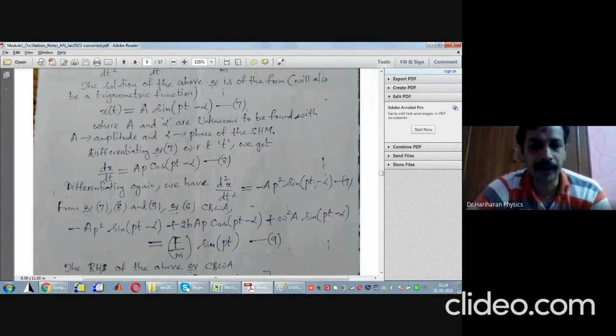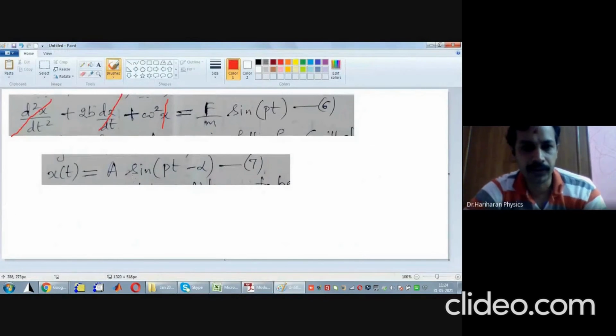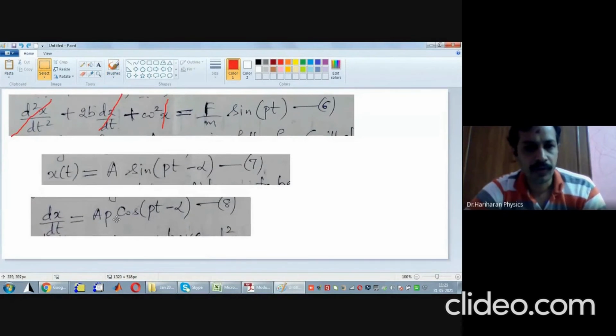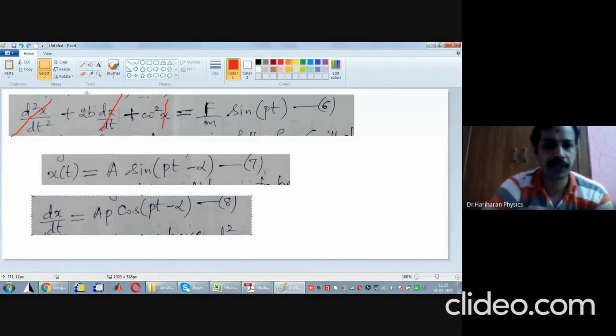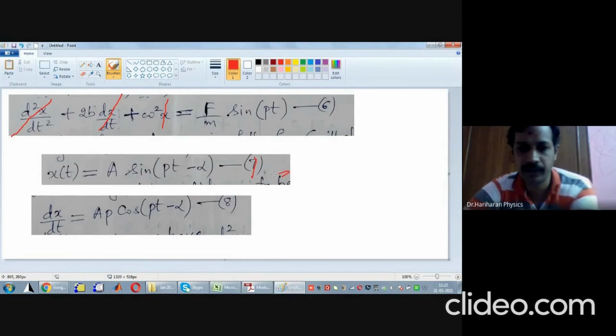Now, how do I find dx by dt? Differentiate with respect to t. So if you differentiate equation 7, what is velocity given by?